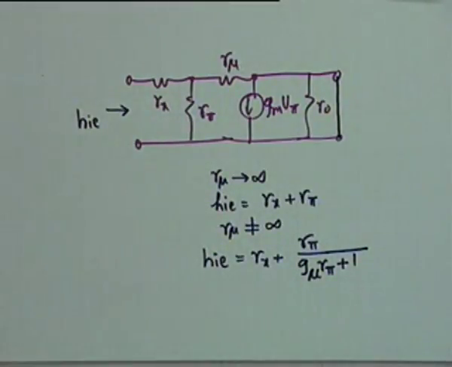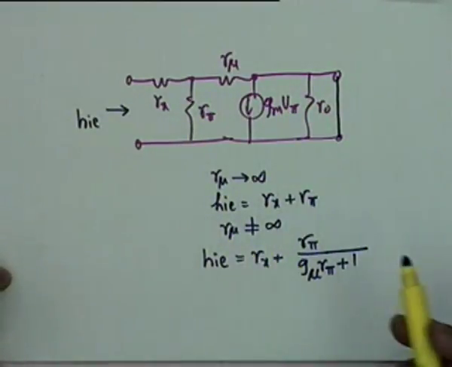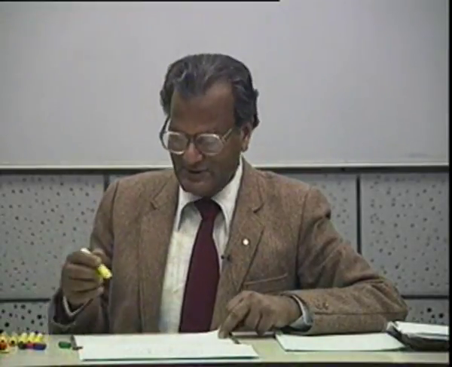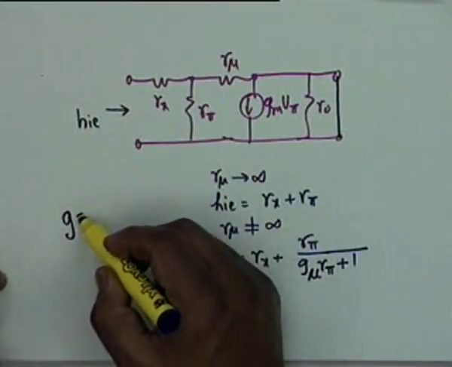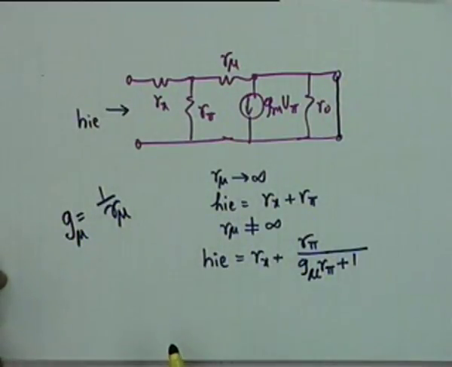This is the correct relationship. I shall leave this as an exercise to you to find out that this is correct. G mu, all small g's are equal to 1 by R. So G mu is equal to 1 by R mu.